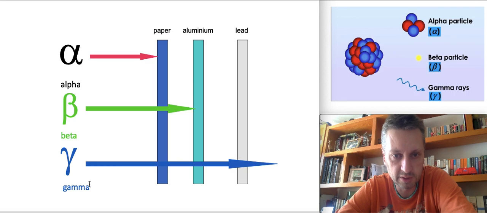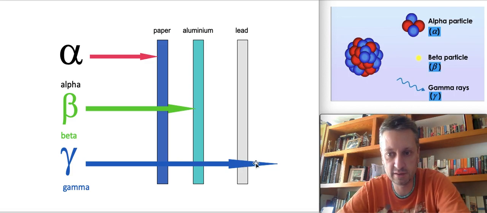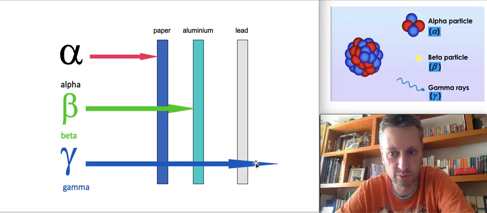And finally, gamma, not particles, the electromagnetic radiation, contain loads of energy, so much so that they can pass easily through paper, aluminium. They're only stopped by very, very thick sheets of lead or very, very thick sheets of concrete, very, very dense materials that can absorb the energy.